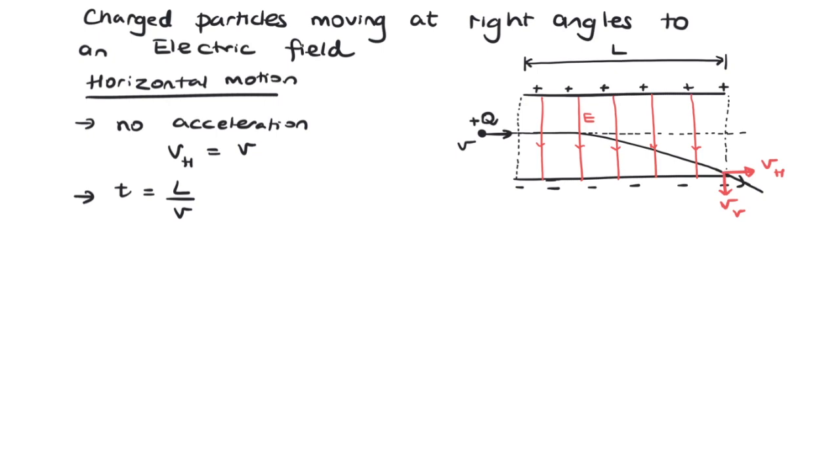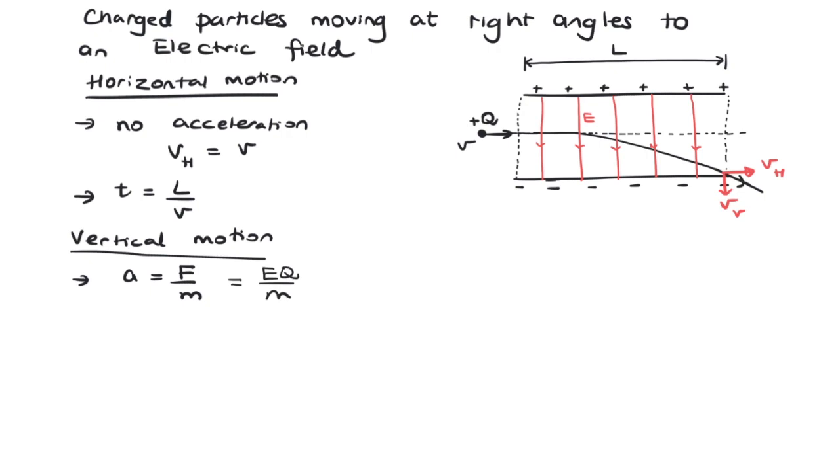But when we talk about the vertical motion, we need to understand that there is going to be acceleration. The acceleration could be given by A equals F over m, where m is the mass of this charged particle. Now we know that in an electric field, F is equal to EQ, so A is EQ over m.